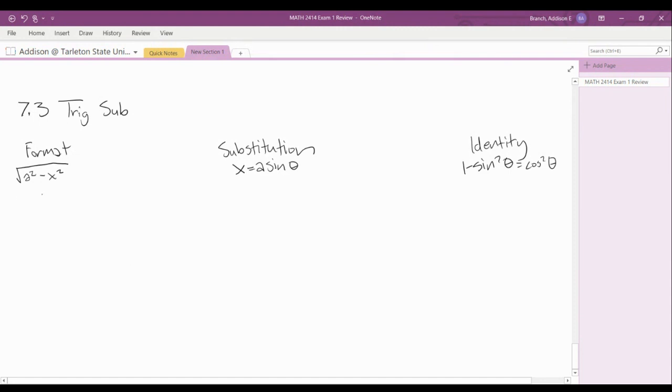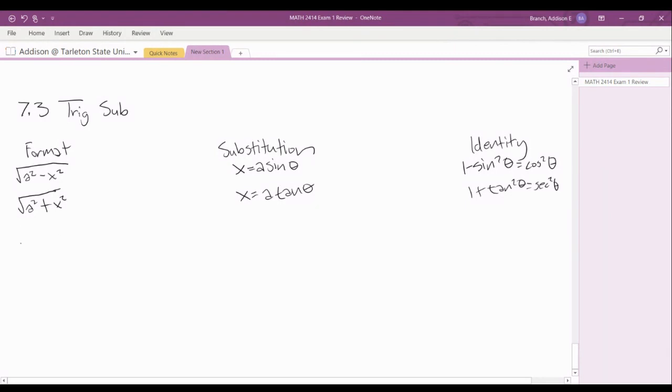If we are given a squared plus x squared, we can do x is equal to a times tangent of theta, and that is because 1 plus tangent squared of theta is secant squared.